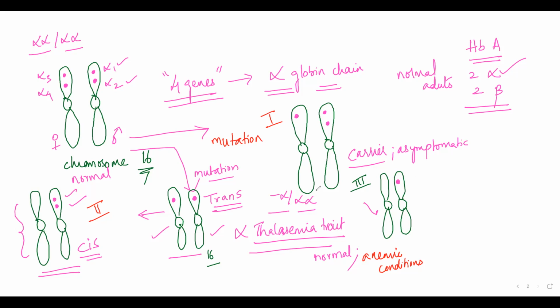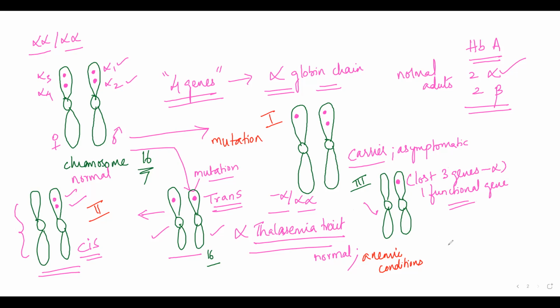So three genes coding for the alpha globin have been deleted, and only one functional gene is present. Quantitatively, the globin chain has been reduced completely.